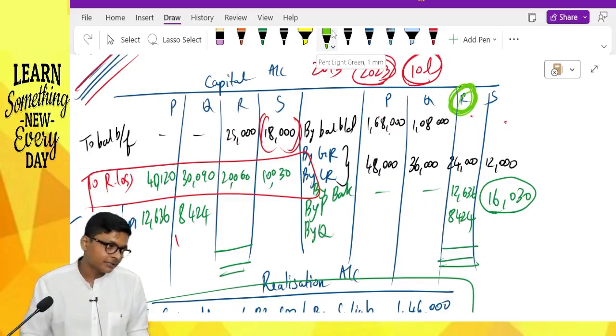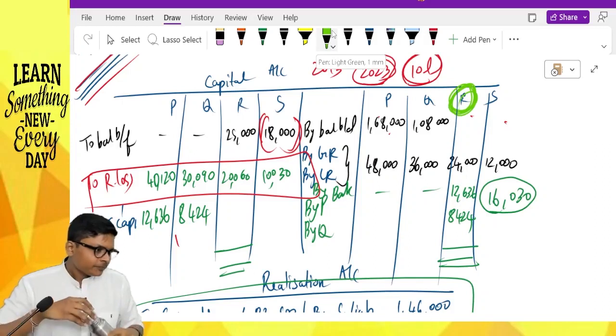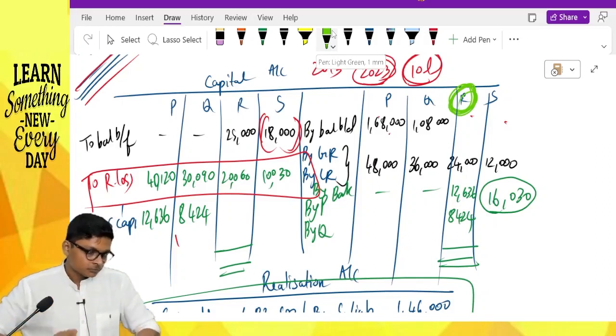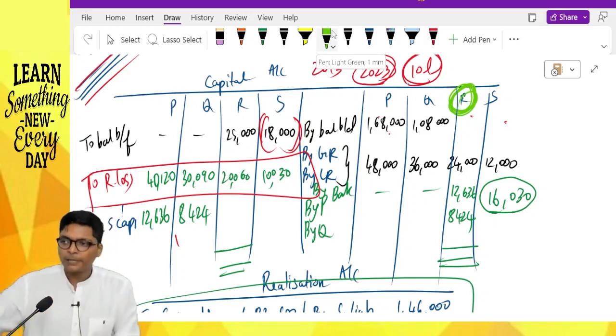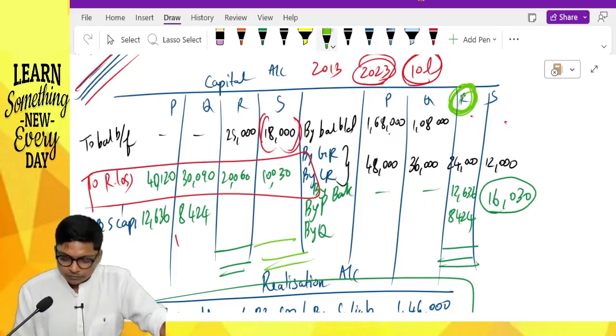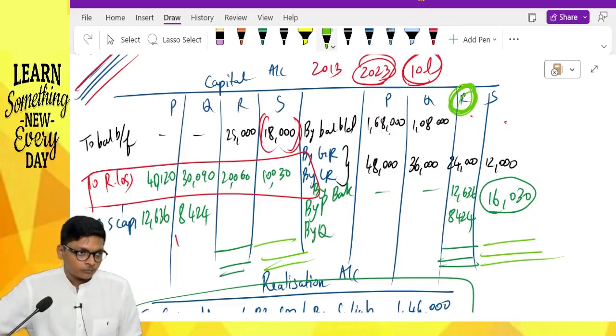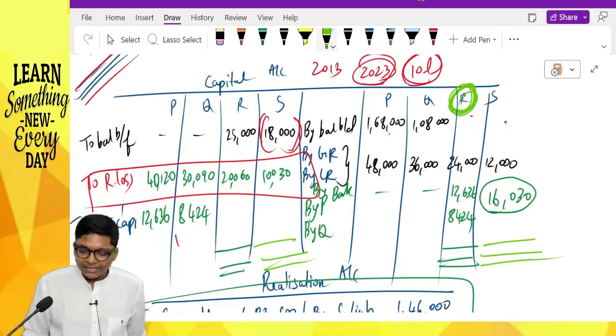Yes, that's why we debited them. They won't bring money. We'll just pay them. Are you able to follow, guys? Now is S account tallied? S tallied. So do it till R and S and then stop.